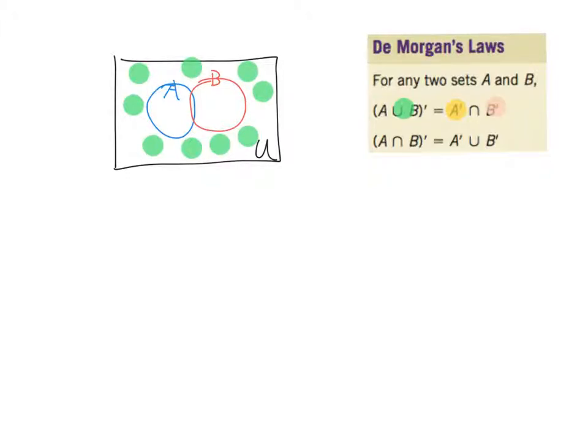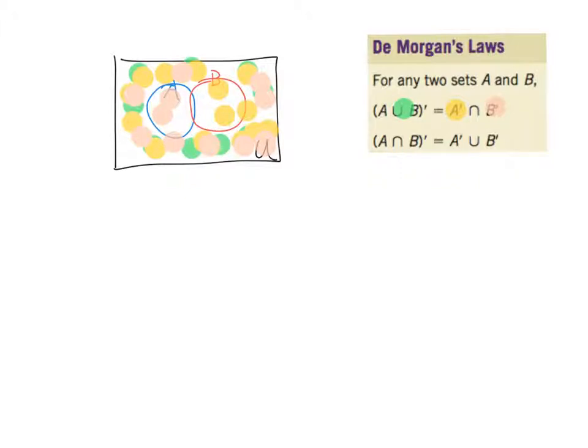Okay, so like we said, A complement is everything that's not A, okay? And then I'm looking at B complement, therefore I'm looking outside the B circle. See that?